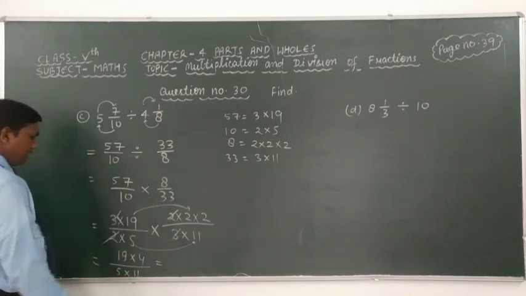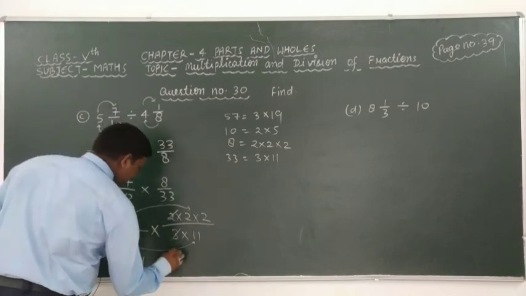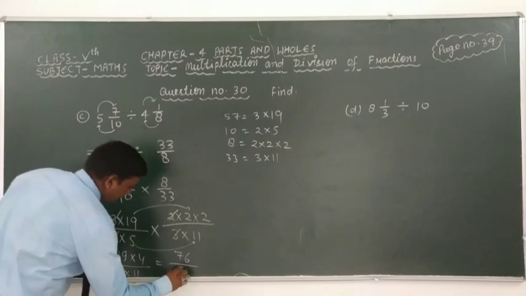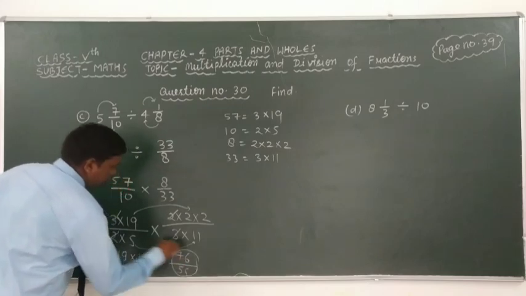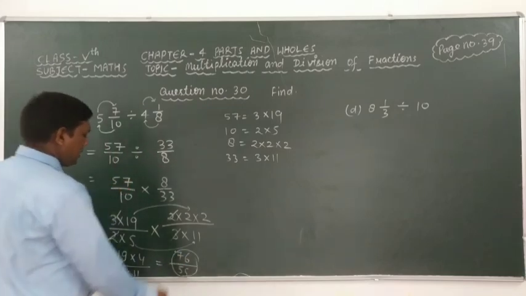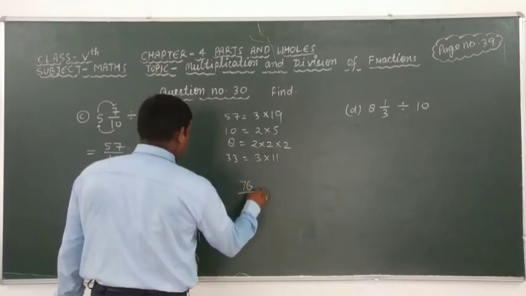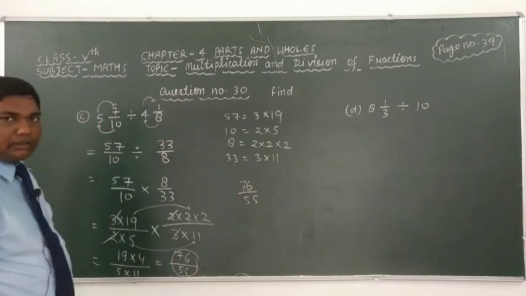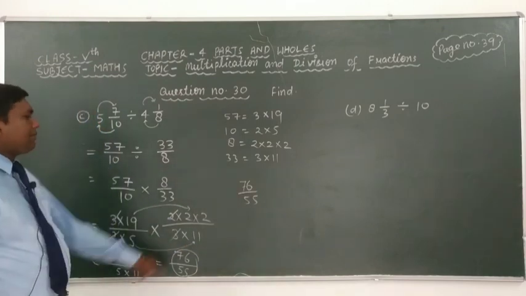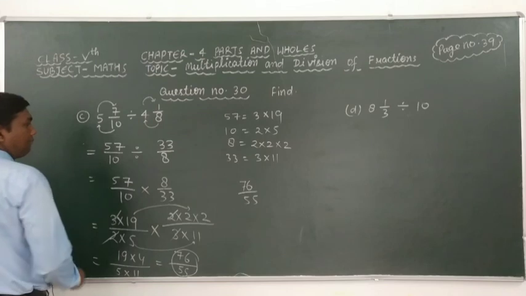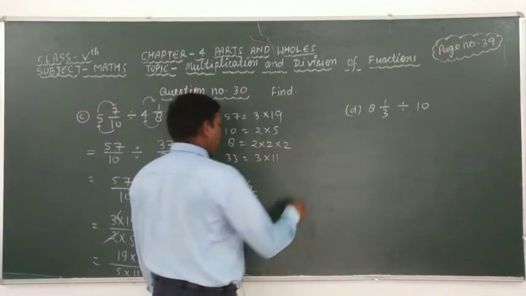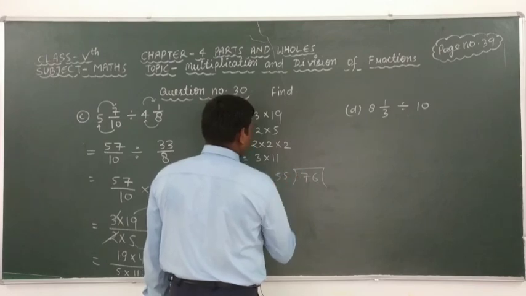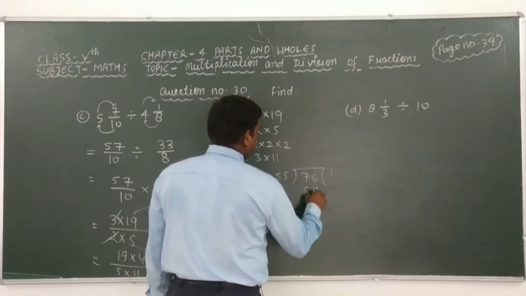After multiplying these, we get 19 fours are 76 over 5 elevens are 55. Okay, students, it means that here we get 76 over 55. This is an improper fraction. Therefore, we can change this improper fraction into a mixed fraction by taking the division of 76 by 55. 55 once is 55.